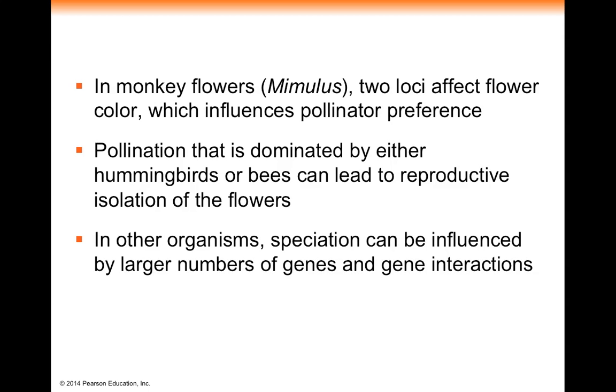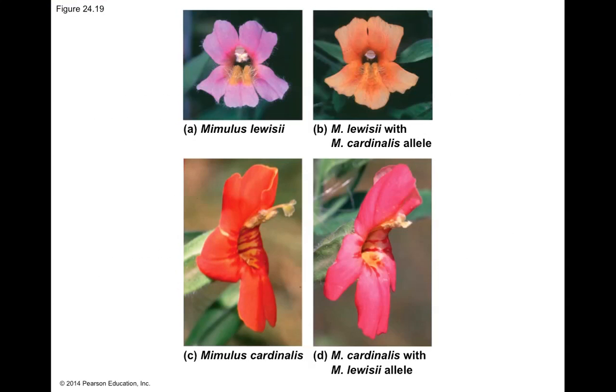So if you're pollinated exclusively by hummingbirds or exclusively by bumblebees, that's going to reproductively isolate you from the other population. But sometimes it takes multiple genes and many interactions to effectively generate new species. So it depends.